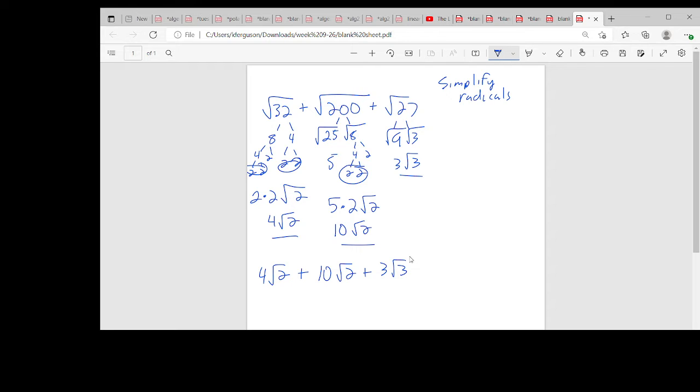Because those square roots aren't exactly the same, I can't combine them all. Now these two are the same. So I can combine them and say that's 14 times the square root of 2. But here, I can't. That's just going to be that. And that's my problem simplified. I cannot go any further than that.